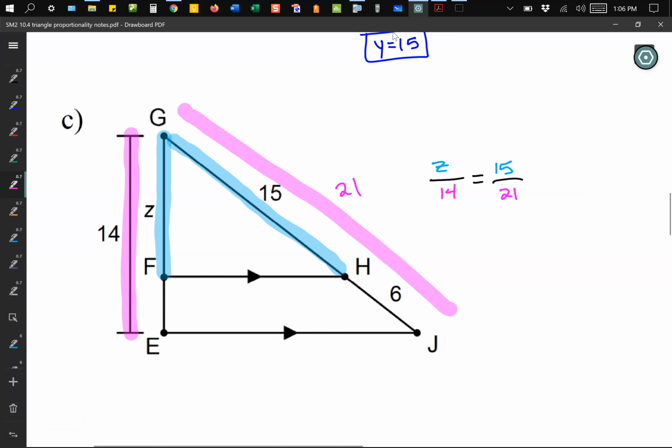I could also have set this up as z over 15 equals 14 over 21. Blue over blue equals pink over pink.